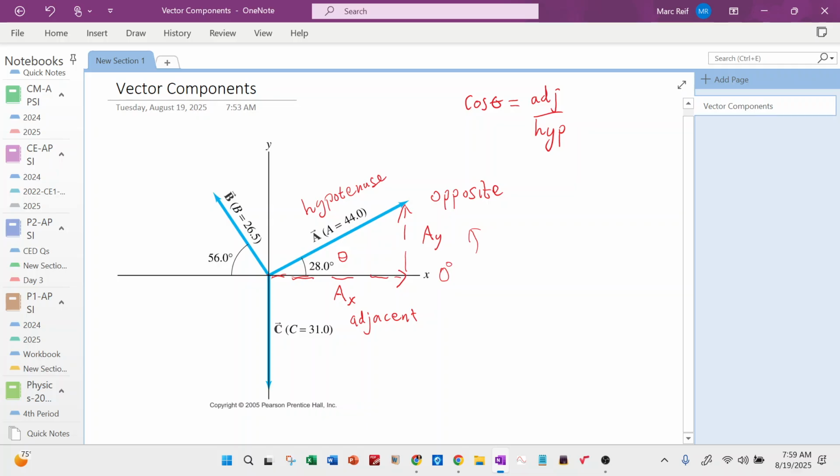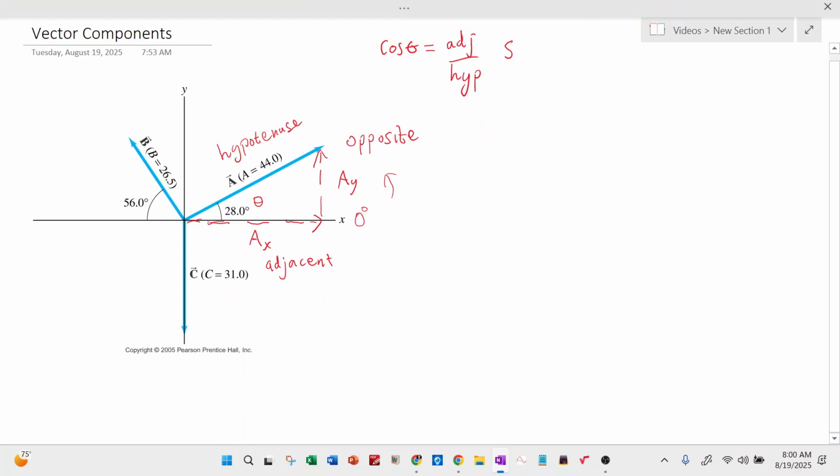So I can rewrite that down below and calculate the length of scalar component AX, the horizontal component, using that. Sine theta is always equal to opposite over hypotenuse. So I can use that to calculate AY.